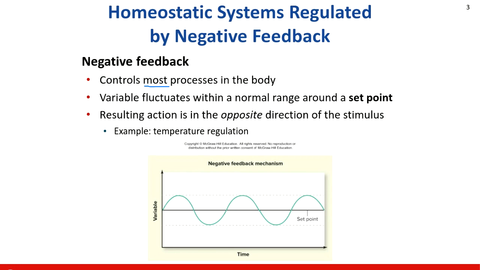So let's do an example with temperature. Your normal body temperature, as everybody knows, is 98.6. It's hard drawing with a mouse, so please forgive me. But that falls within a range. That would be our set point, 98.6. But the normal range that your body temperature can reside in can be as low as 96.4, and the high will be 99.1.